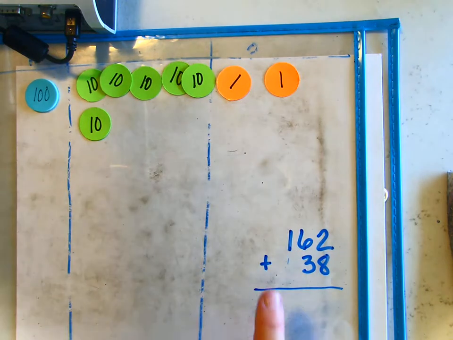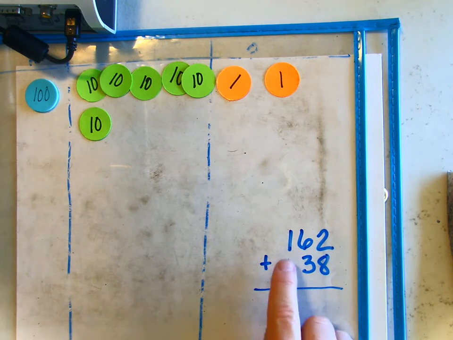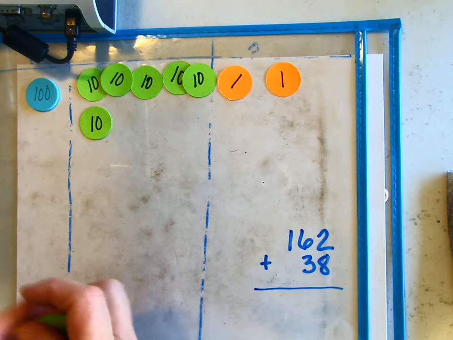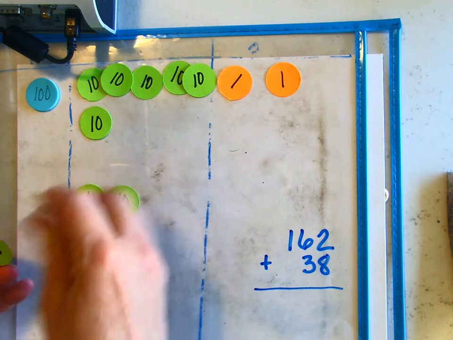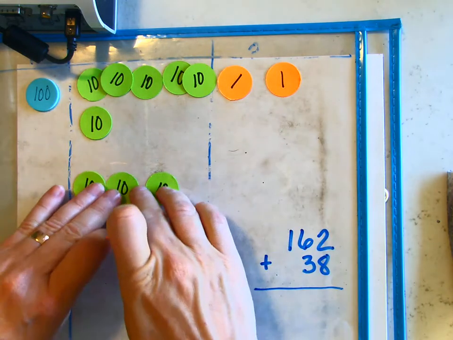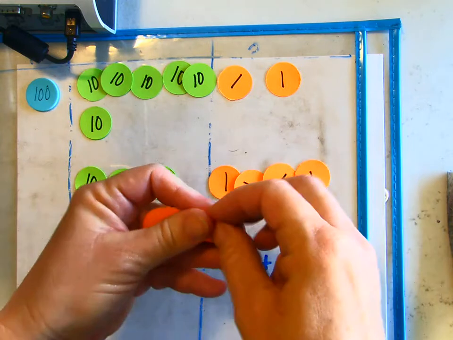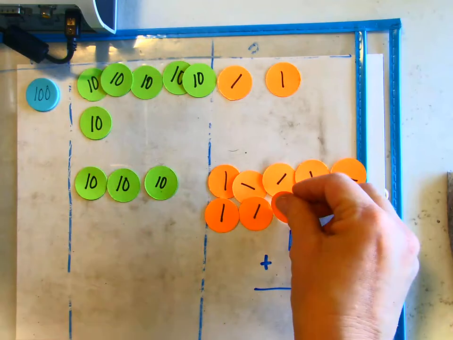162. The second number is 38. 3 tens, there's nothing in the hundreds place, so don't put anything here. We have 3, 10, 20, 30, and then 8 ones. 1, 2, 3, 4, 5, 6, 7, 8.